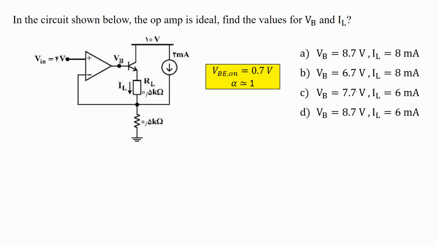Let's jump into it. This is our question. In this circuit, the op-amp is ideal. What is the meaning of the op-amp being ideal? It means that the current through the input port of this op-amp is 0, and also the voltage in the positive port of this op-amp and the negative one are equal, which means that if this voltage is 4 volt, then this node here is again going to be 4 volt.